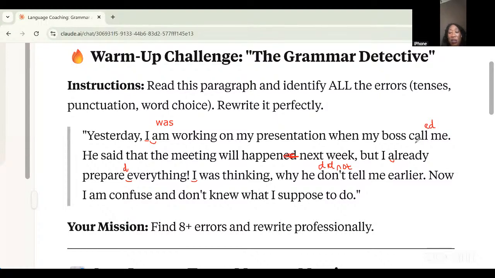I was thinking why he did not tell me earlier. Now I am confused. Continuous tense. Now I am confused and I don't know what I'm supposed to do.